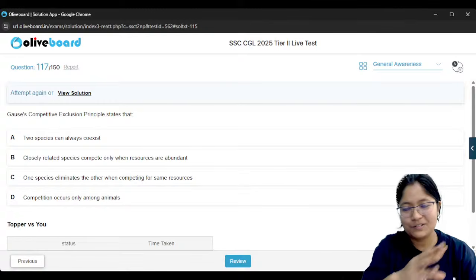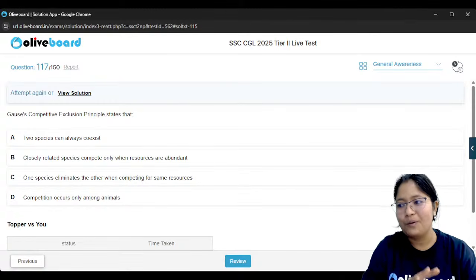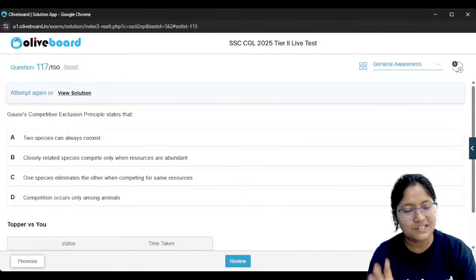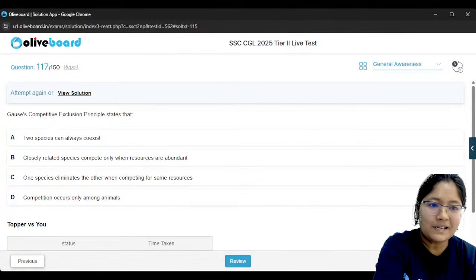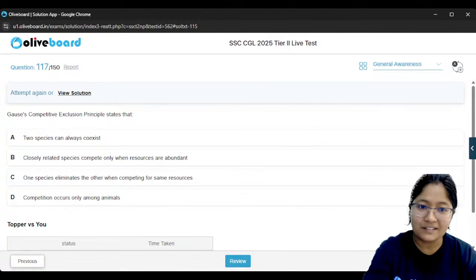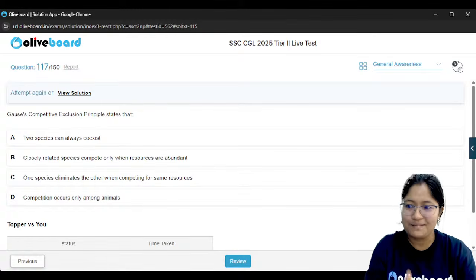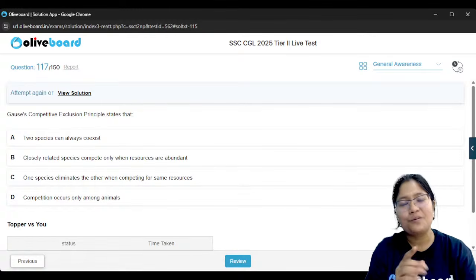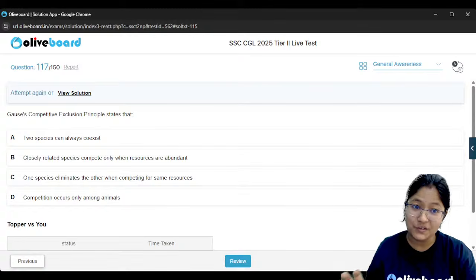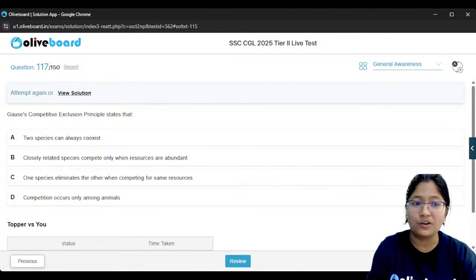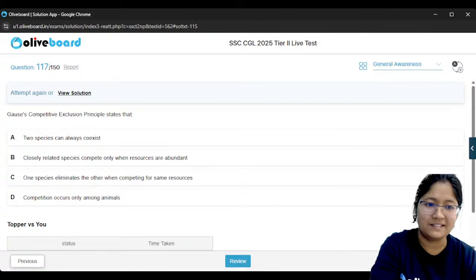Universal law, everybody wants to go from high pressure to low pressure. Competition is there only when the resources are limited. If there are abundant resources, no competition. One species eliminates the other when competing for the same resources. When competing for the same resources, one species will eliminate the other eventually over a long period of time. On the same niche, they cannot coexist. So C is the answer here.